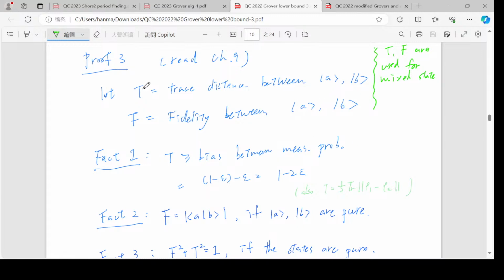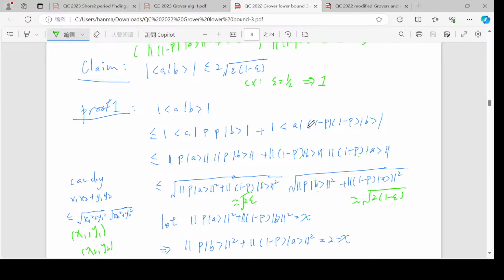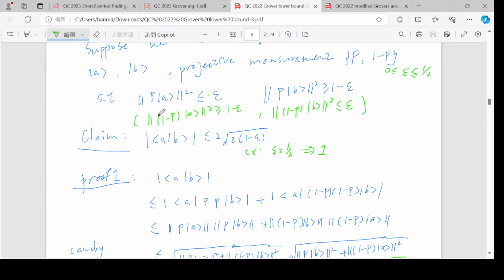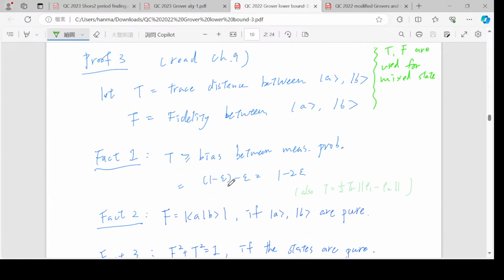Remember when we do this P and 1 minus P measurement, the probability associated with P is epsilon for one of them and 1 minus epsilon for the other. So the gap is just the difference between 1 minus epsilon and epsilon, which is 1 minus 2 epsilon. We also have a formula for trace distance if you have mixed states. But operationally, trace distance quantifies how well you can distinguish two quantum states by some measurement.